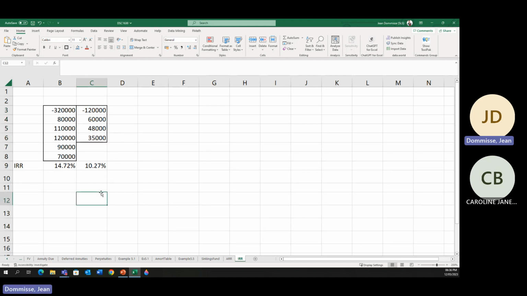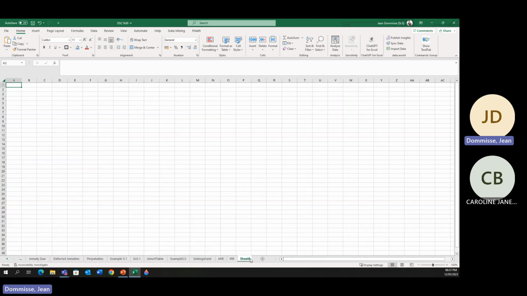You just put in your numbers and it will work it out for you. Okay, so there is definitely also a formula in the study guide in chapter 6 that you can use. But if you find with Excel, use what is in Excel. Okay, then the last one for tonight is, I think, net present value.